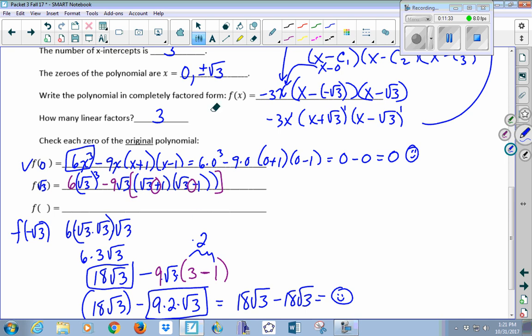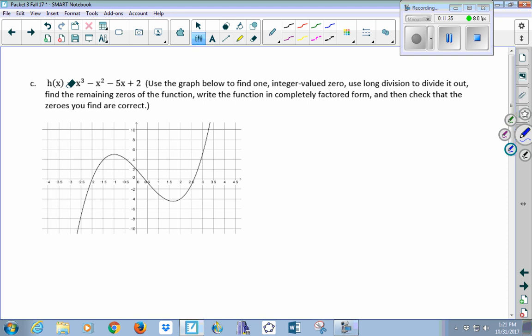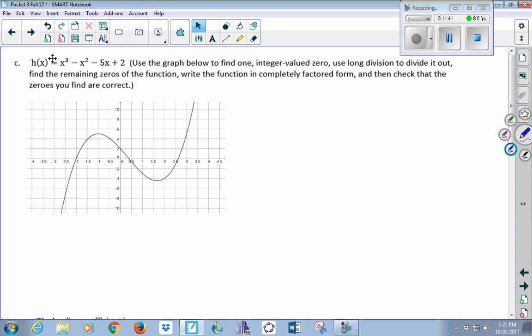All right, let's take a look at our final problem here. C. So we want to completely factor this. And there's no common factor all the way across. I can't use any of my typical factoring techniques. So when I have a problem like this, I hope that I have a graph to help me out so that I can find one integer valued 0, a nice friendly 0.